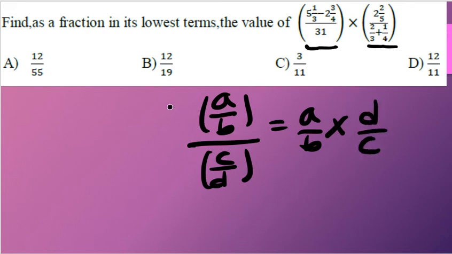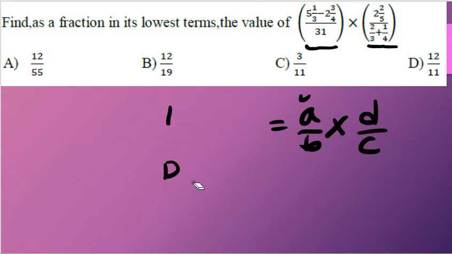Numerator divided by the denominator. So both of them are fractions, so I'm applying the previous rule. When you are dividing two fractions, the first fraction will be as it is, then times the second fraction flipped, or the reciprocal taken. So let us process each of the fractions and then we'll apply this rule.